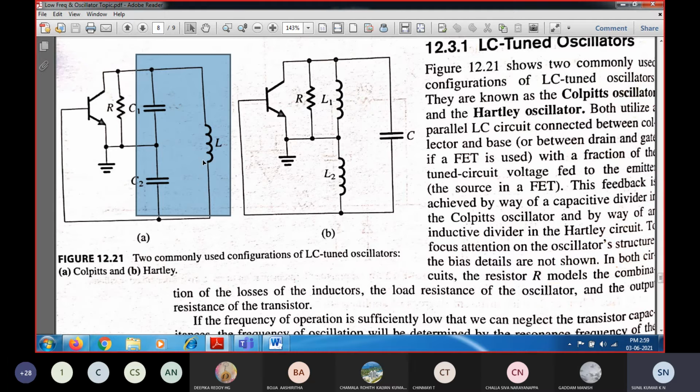Whenever the charges start moving in this inductor, it is going to develop a magnetic field. When electrons are flowing over here, it is going to develop a current, which is nothing but a back EMF.